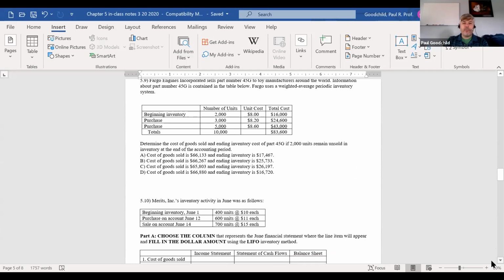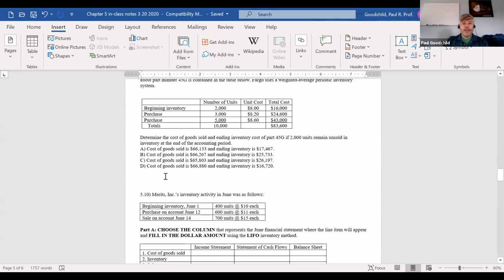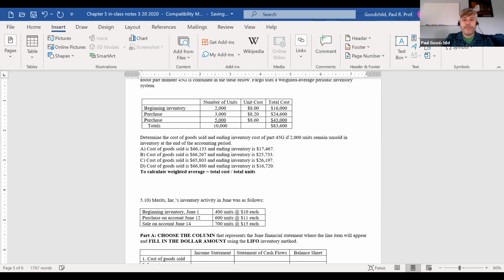Okay, so now we have weighted average. This one's a little easier when you have everything all spelled out. And so we can just take the total cost and divide it by the total units. So here we have 83,600.